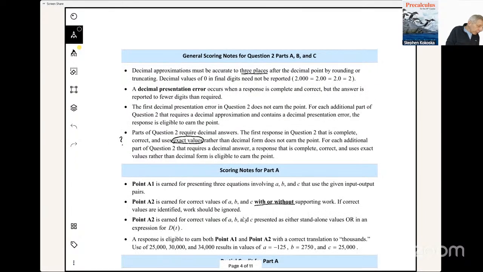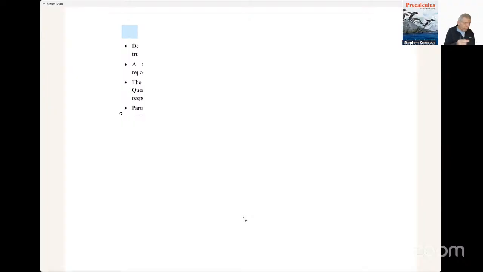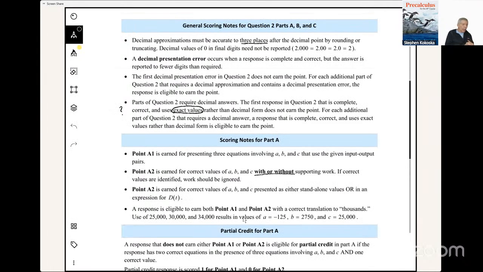There are some general notes here. I won't go through all of these up at the very top here, the general scoring notes for question number 2. A lot of this has to do with decimal presentation errors. Remember that when students are asked to present an answer with decimals, they have to present 3 digits to the right of the decimal, rounded or truncated.